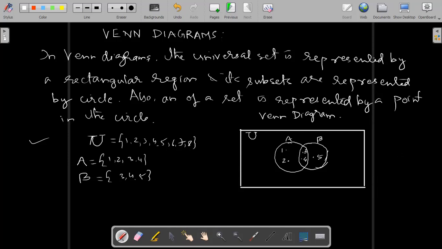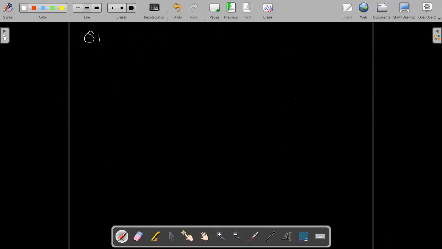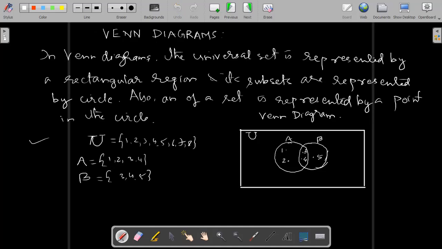Okay. Now we have operations on sets, and then we will understand better about intersection and union. Yes, correct: 1, 2, 3, 4, 5, and 6, 7, 8.